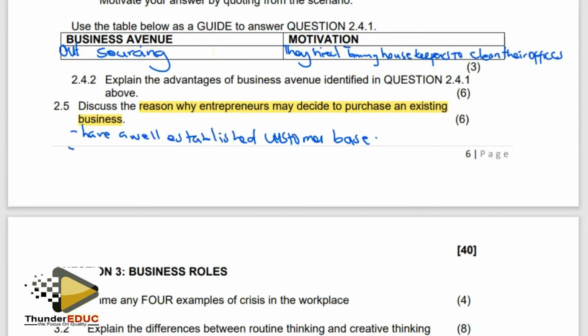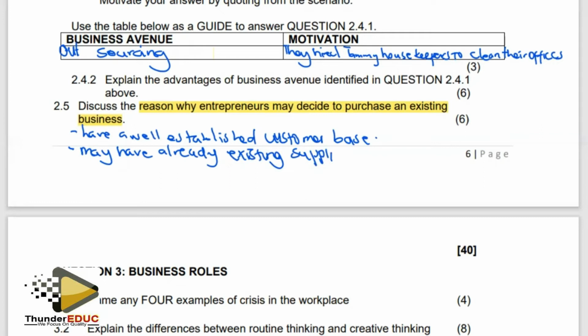Besides that, the business may already have existing suppliers. Instead of starting from scratch, looking for your suppliers, the business already has its suppliers.